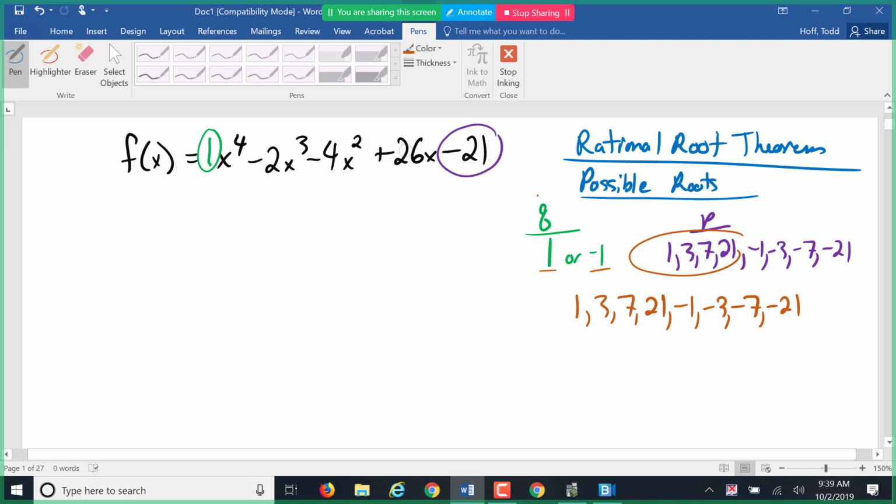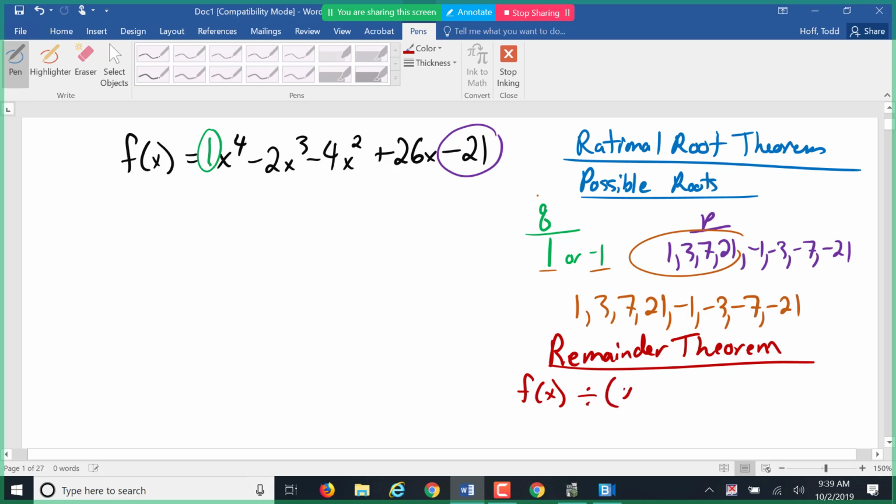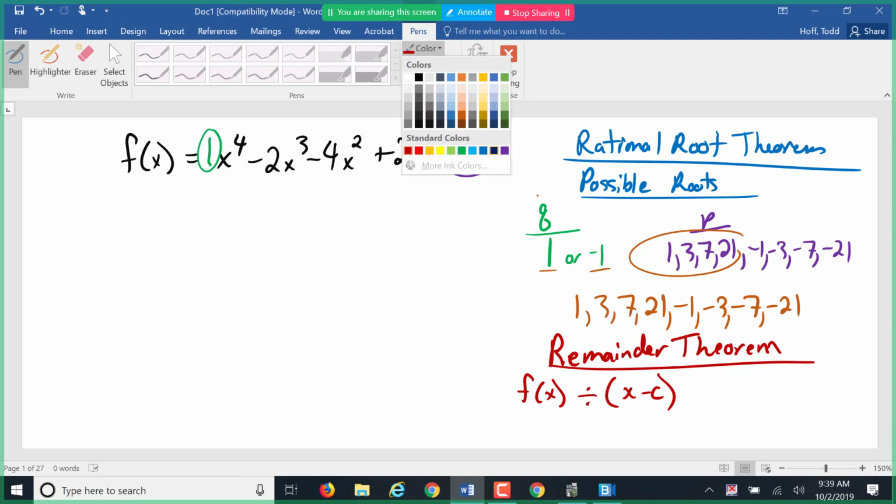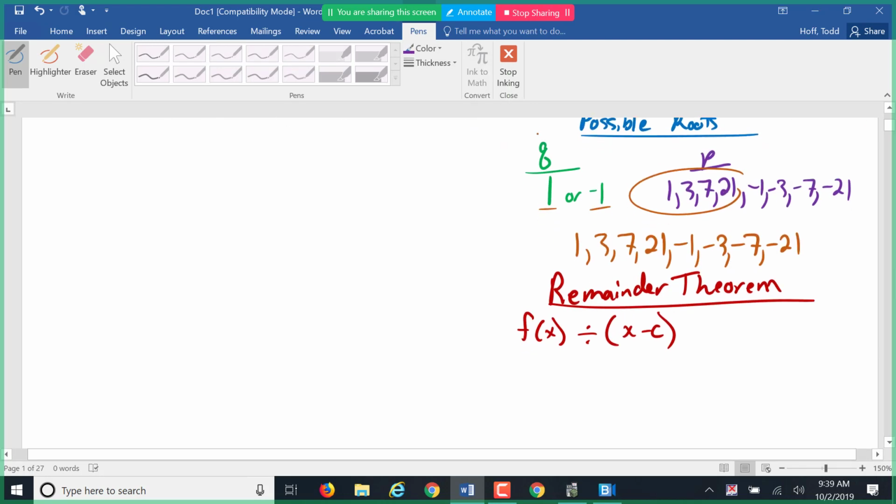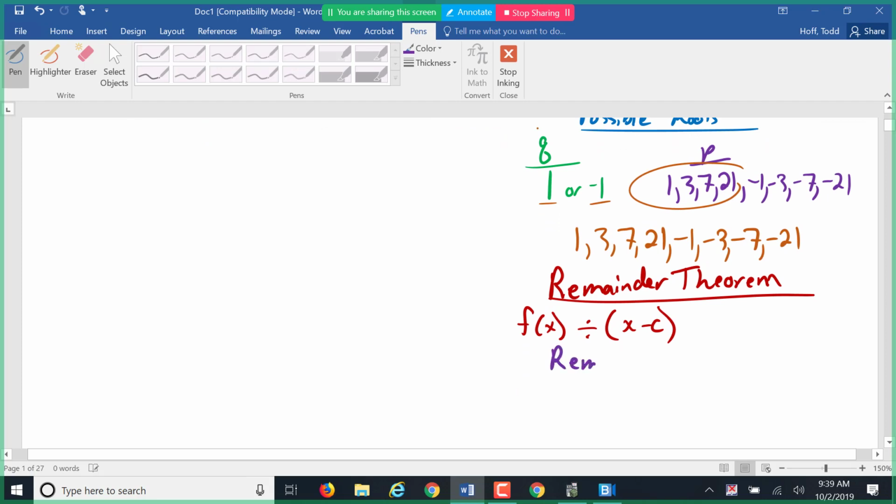So how do we evaluate to see if there are roots? Well, that's where we use our remainder theorem. Remember where we said the remainder theorem is if we take f of x divided by x minus c, the remainder of that division will be f of c.